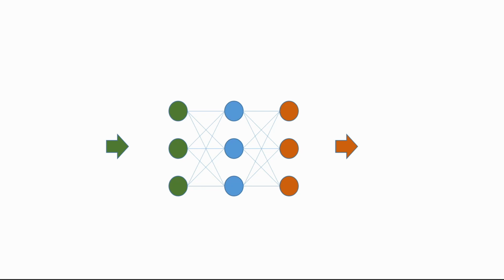So this was pretty much the basic structure that we had in the previous tutorial, and I'm going to run through all of this quickly again. We have the green input neurons, the blue hidden layer, and the orange output layer, and the output layer and the hidden layer are doing some calculations.